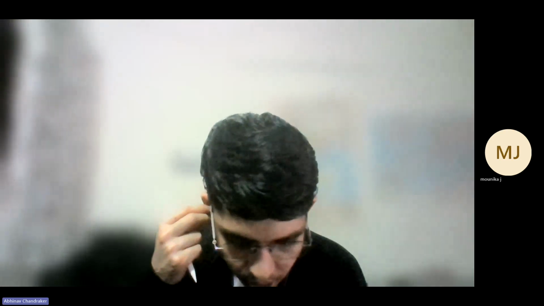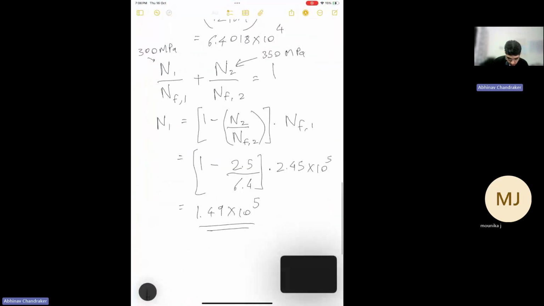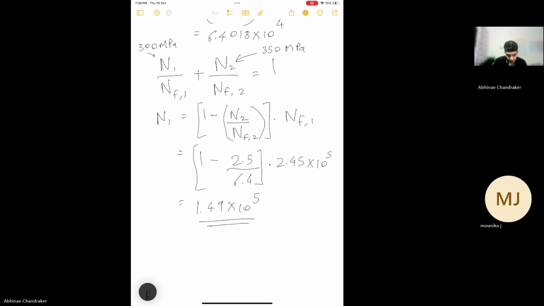Also, I'll put the solution in the online drive. So later, if required, you can see again. This is the one. Just checking why it was so off previously.